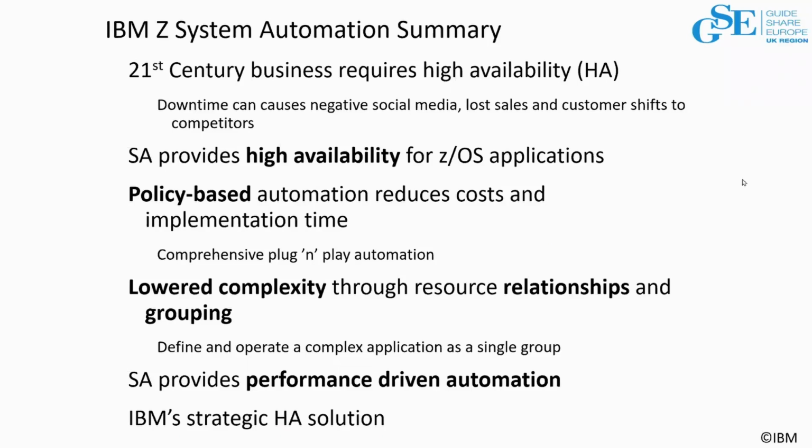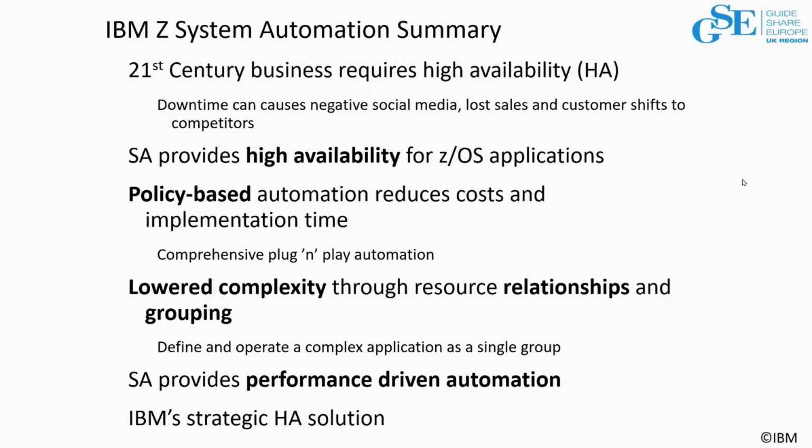Obviously, if your systems are down, you're not making sales, so you're losing money. And if your customers get sufficiently annoyed, they might move to one of your competitors. So high availability is key, and the primary business deliverable of system automation is to maintain that high availability of all your resources.